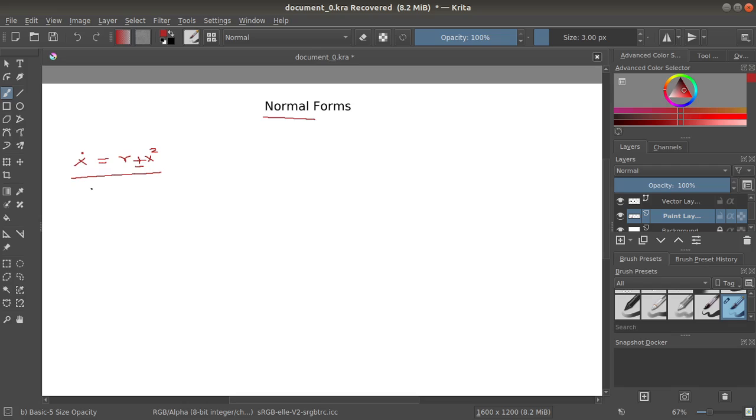Locally, in a small region, the system will look like this. Okay, so that's the claim. So let's see how to prove that claim.